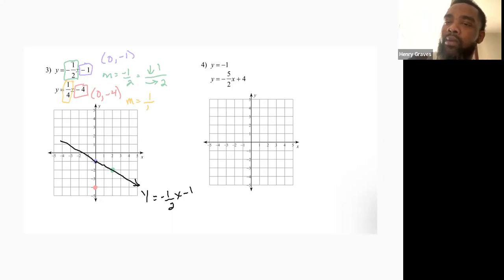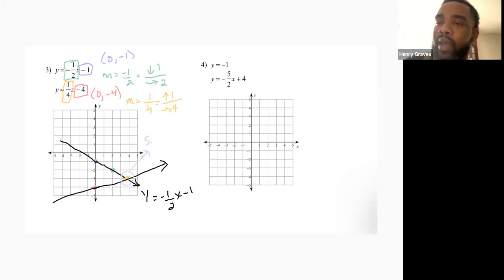Up 1, 1, 2, 3, 4. Look where they intersect. Right here. So the point of intersection is right over here. That represents my solution, and I can say my solution is (4, -3).